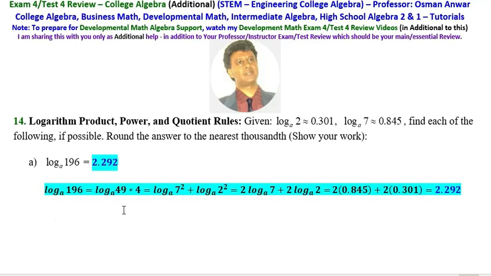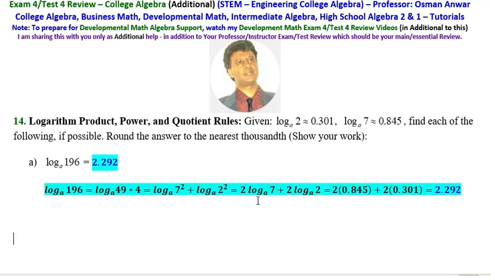So log base a of 196 can be written as log base a of 49 times 4, and that is equal to log base a of 7 squared plus log base a of 2 squared. 49 is 7 squared, 4 is 2 squared. Then bring the 2 down.